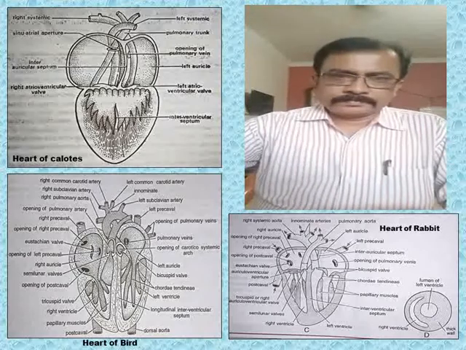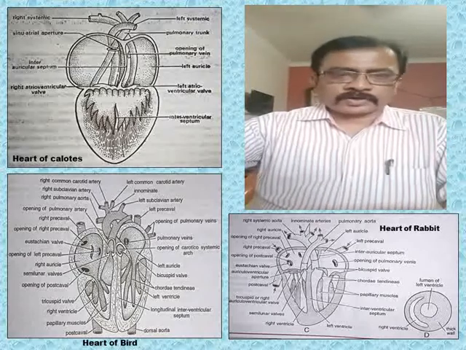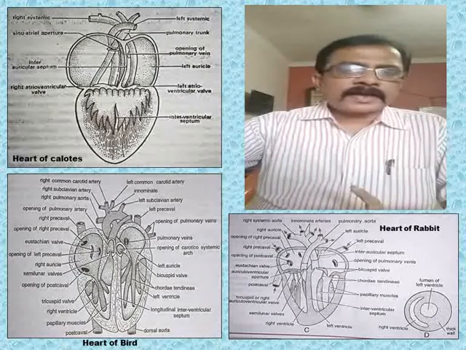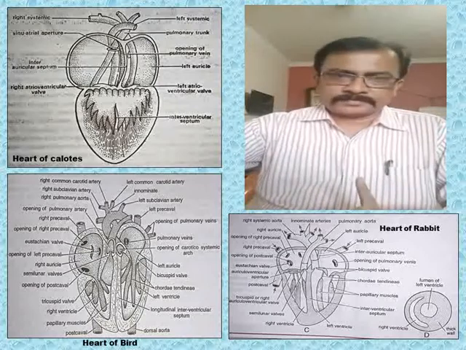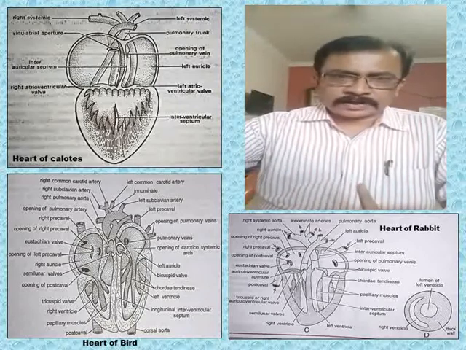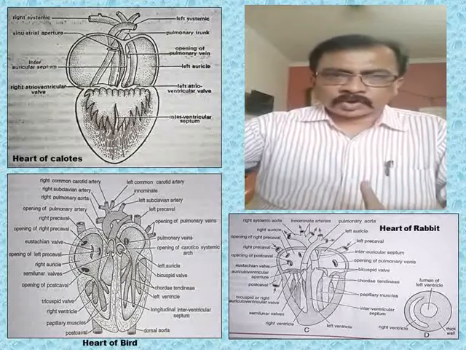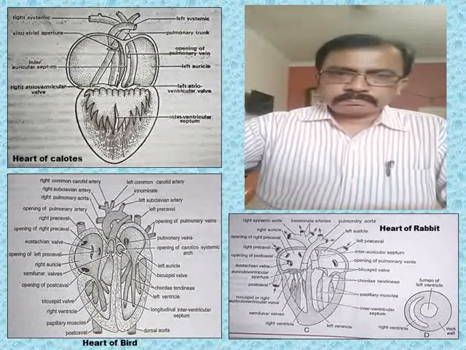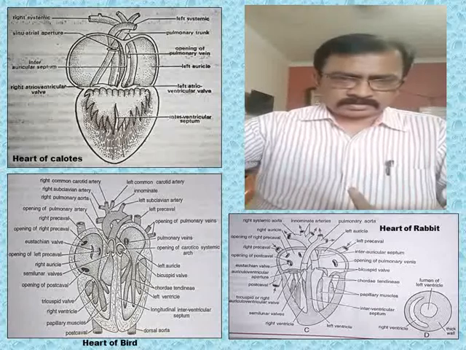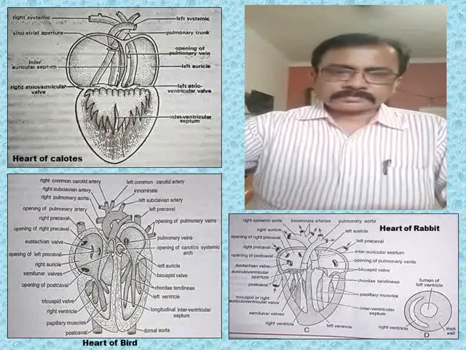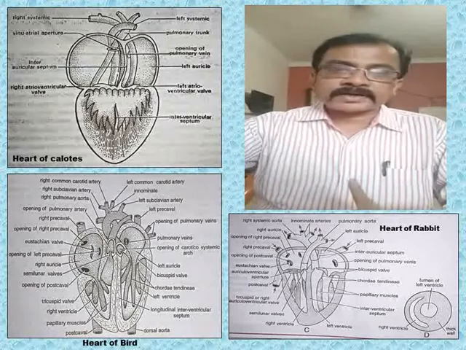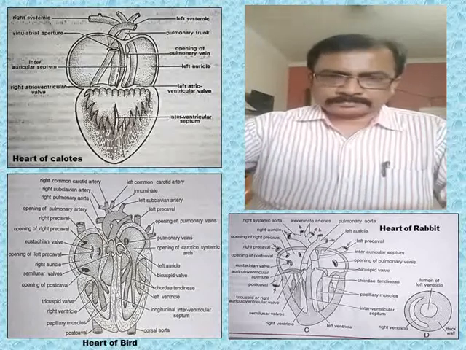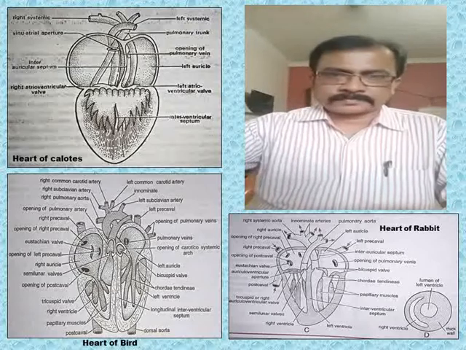About the pericardium, outer protective layer. In lizard, thin, transparent, two-layered sac encloses the heart. And in bird, thin, transparent, two-layered membranous sac is the pericardium that encloses the heart.